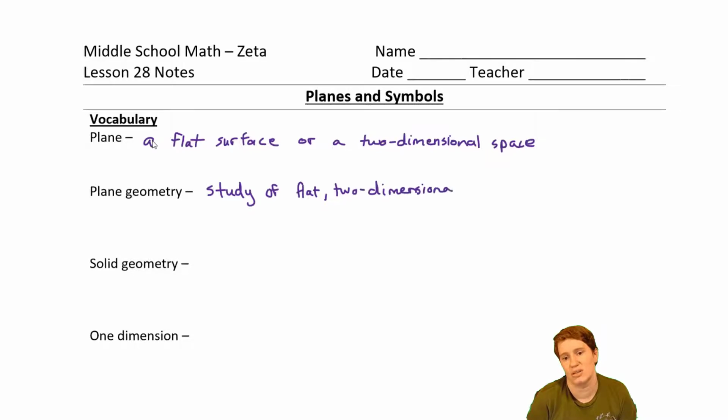We talked about what geometry is in general last lesson, that it literally means measurement of the earth. And so it's all these things that come together as we're talking about properties of lines and measurement, but shapes is a part of it. So specifically plane geometry is talking about studying two-dimensional shapes.